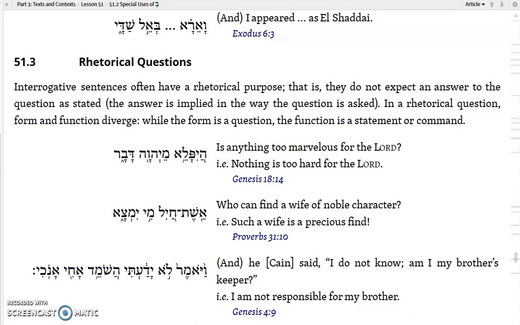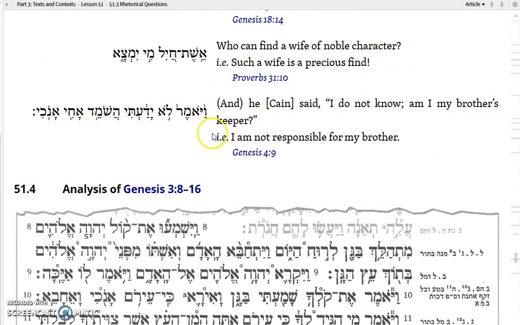Or Genesis 4 and verse 9. Vayomer lo yada'ti, ha'shomer achi anochi. Vayomer, and he said, and the context is Cain. Cain said, lo yada'ti, I do not know, to the question, where's your brother?